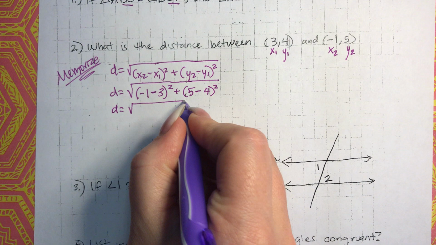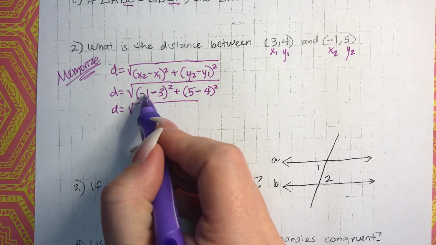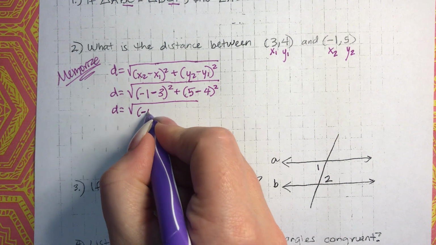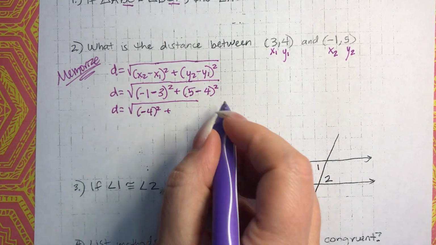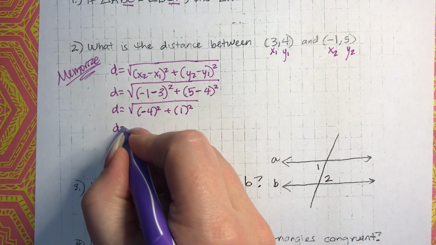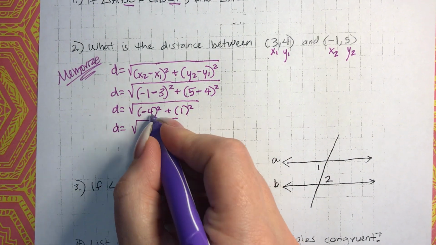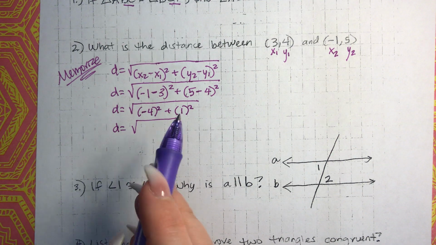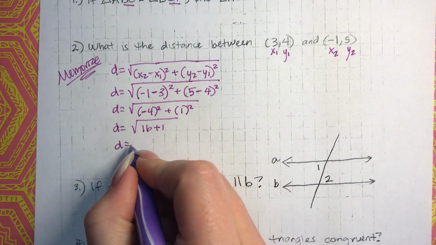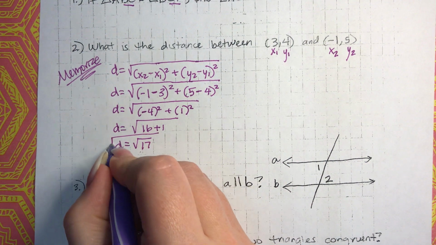Remember order of operations, do the parentheses first. So -1 minus 3 is going to be -4, squared. And then 5 minus 4 is 1, squared. And -4 squared, -4 times -4, is going to be a positive 16. And 1 times 1 is just 1. So we have the square root of 17.